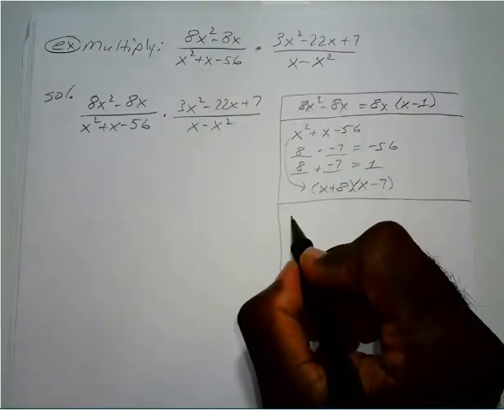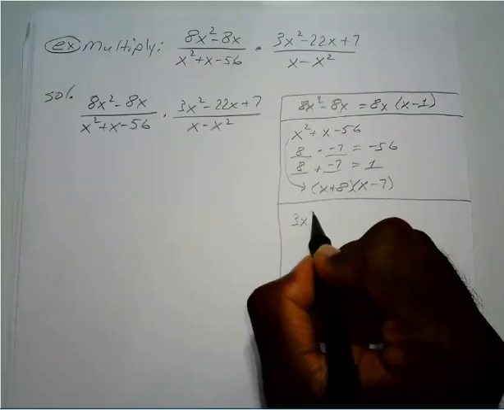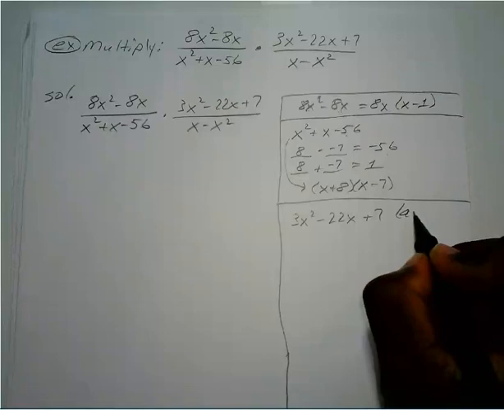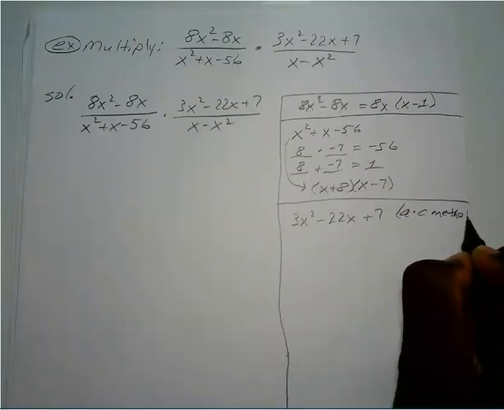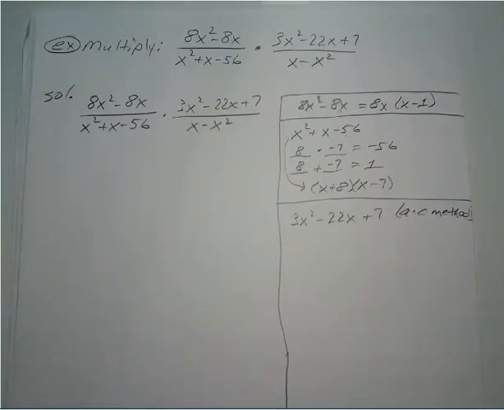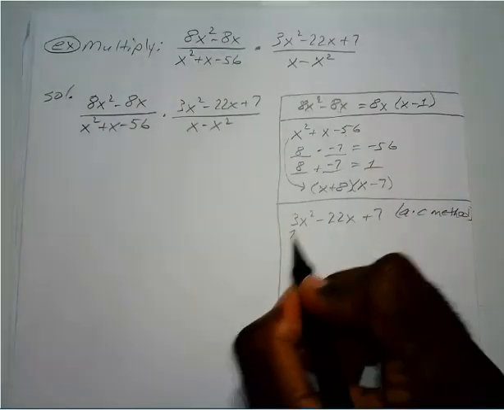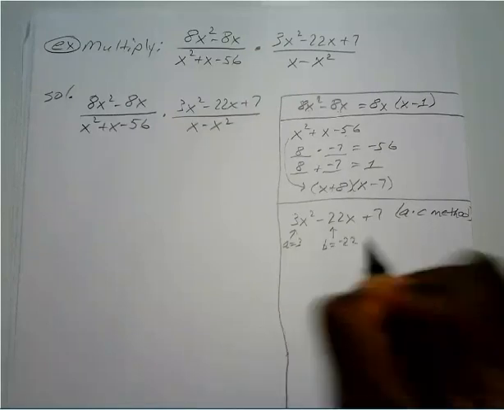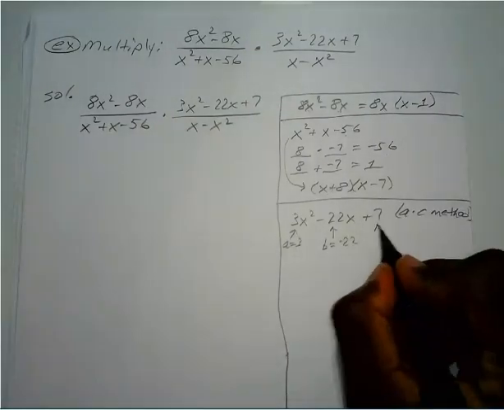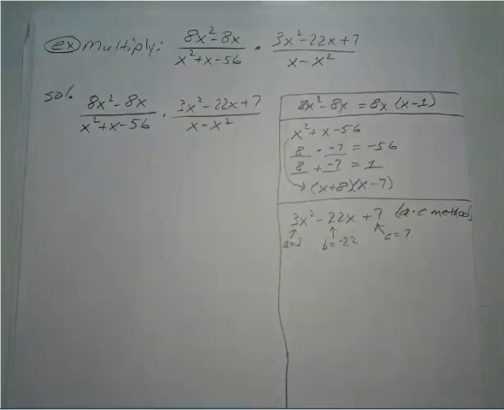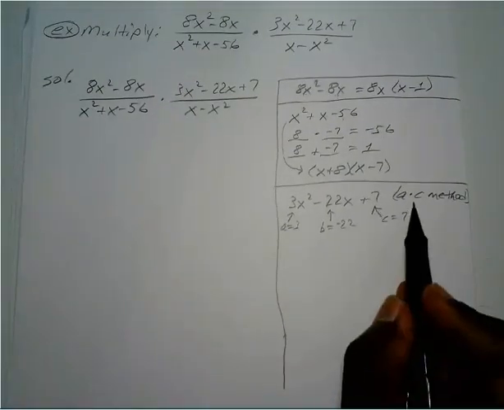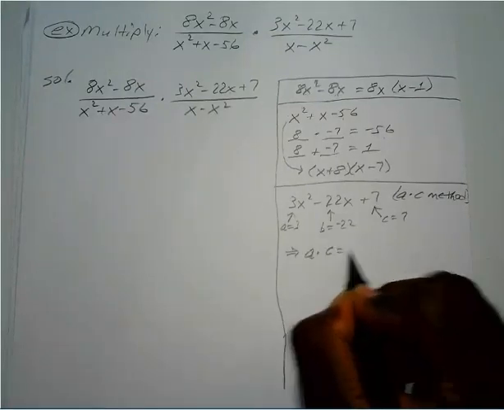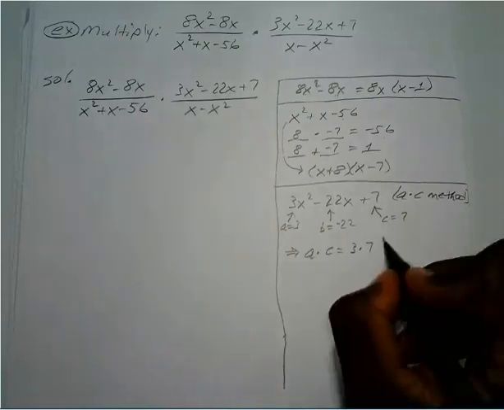So if we have 3x squared minus 22x plus 7, and we're going to use the a times c method, we have to know that our a is equal to 3, b is equal to negative 22, and our c is equal to 7. Okay, so for our a times c method, first thing we have to do is find our a times c. A times c equals 3 times 7, which is 21.